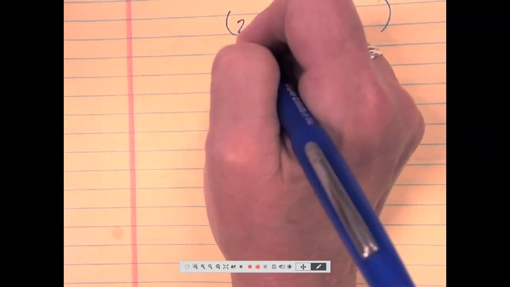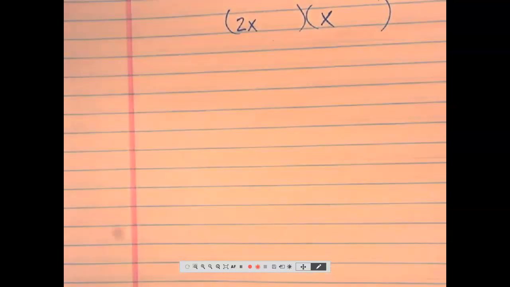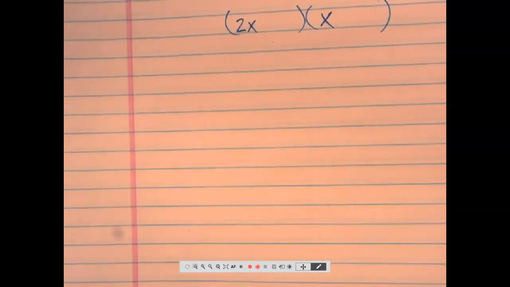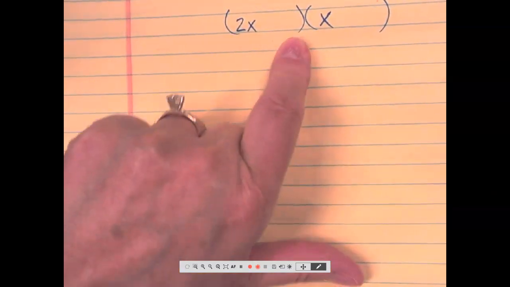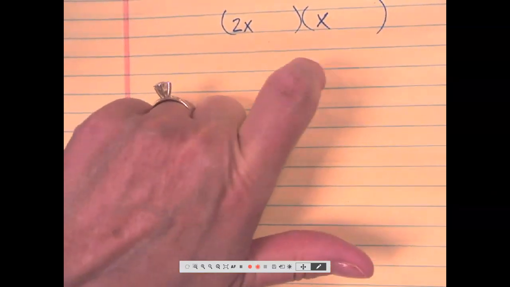What two things do I multiply together to get 2x squared? x and 2x. 2x goes in one of them, x goes in the other. I'm going to go to this last number, negative 12. If it's a negative 12, one of these is going to have to be positive and one will have to be negative.